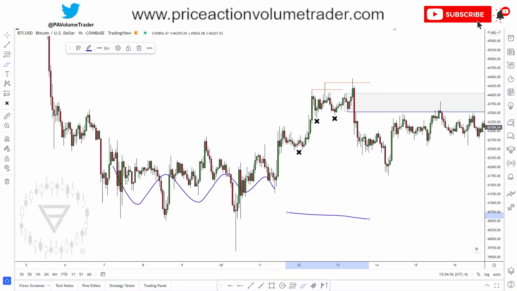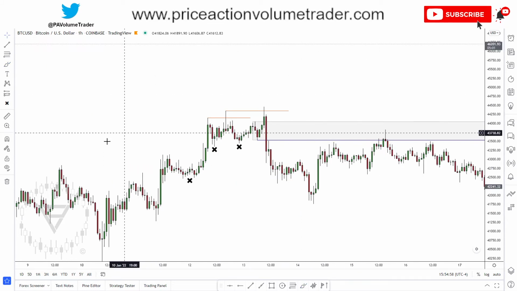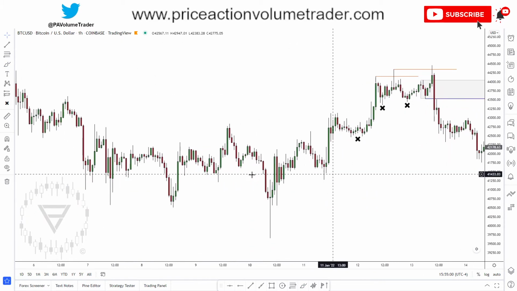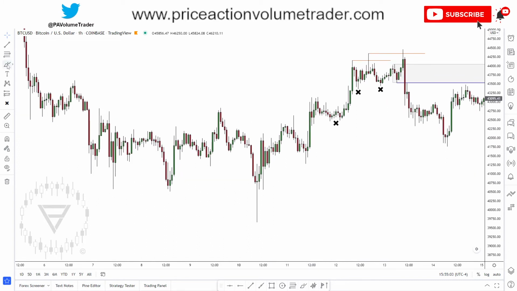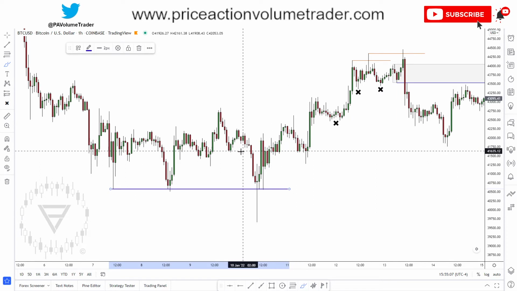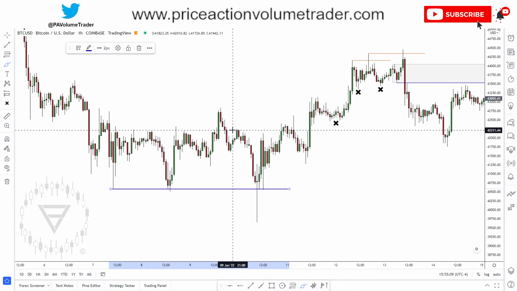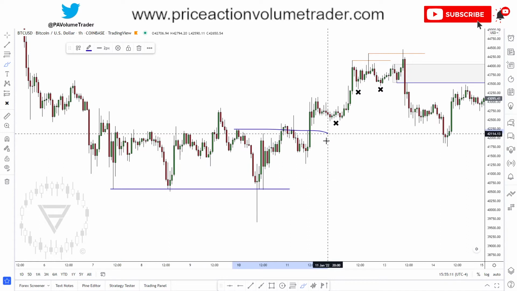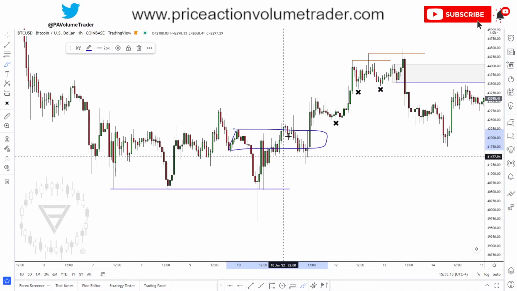And then in this case, I actually didn't illustrate this example, but we can see we had the swing lows. We broke through. So then in this case, we could have even looked at this consolidation here.